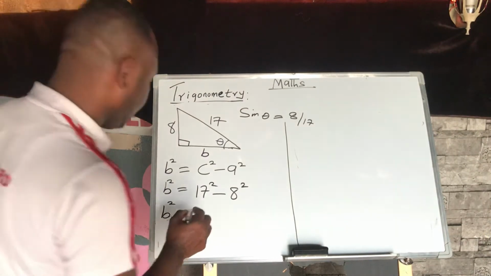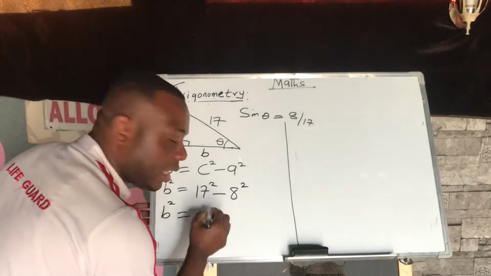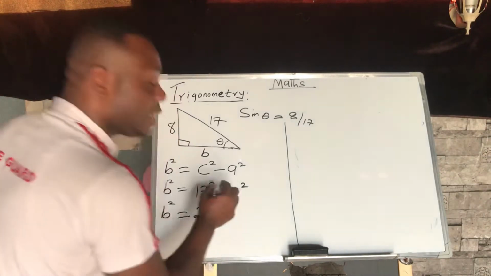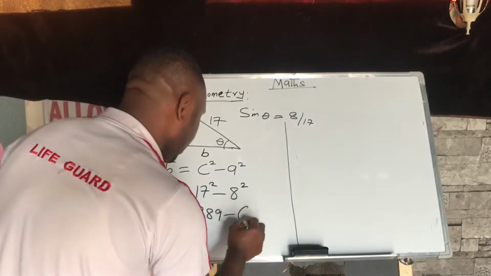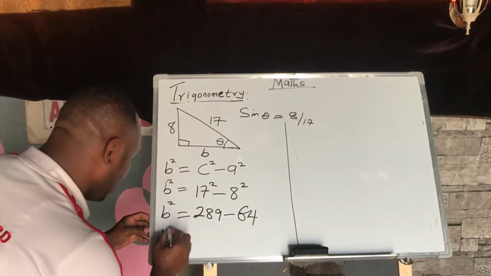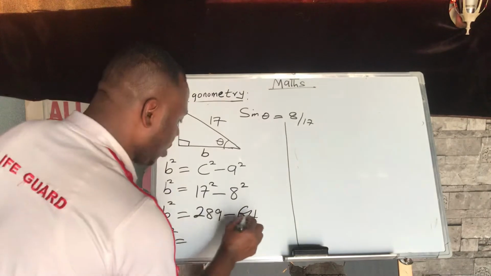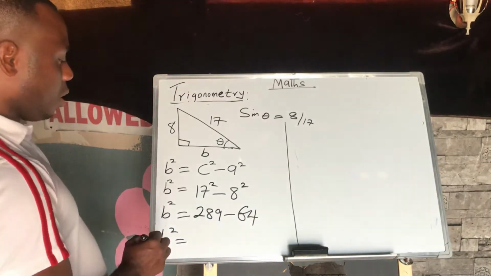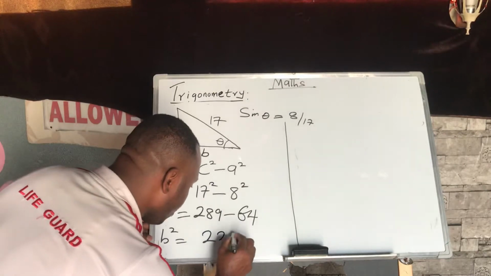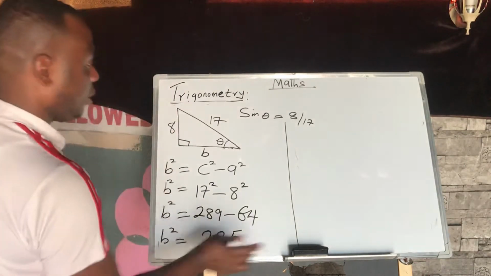So B square equal to 17 square will give you 289. Press it on your calculator, you will see 289 minus 8 square, which is 64. So B square equal to this minus this will give you 225. Let's come up here.